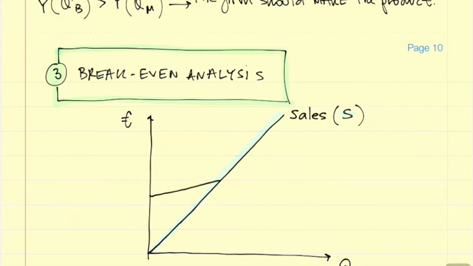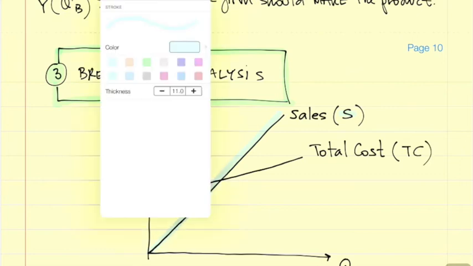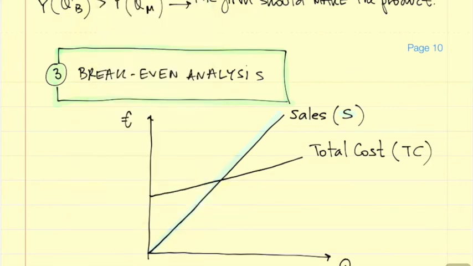Okay, so basically the total cost is TC, and this is going to be, let's say, pink. And so the difference between the total cost and the sales is the profit.